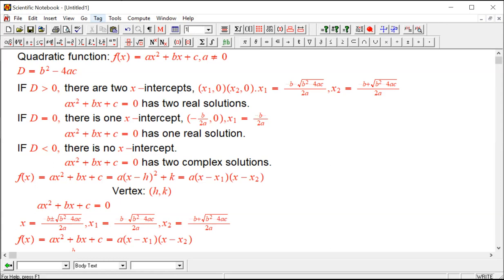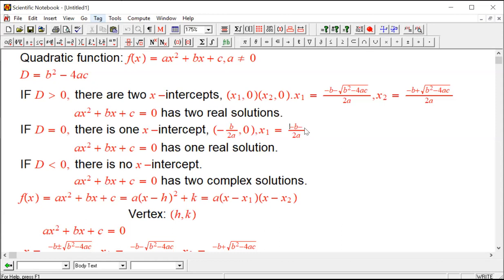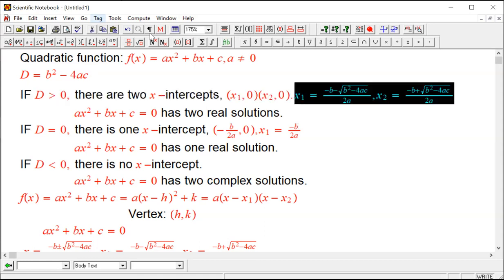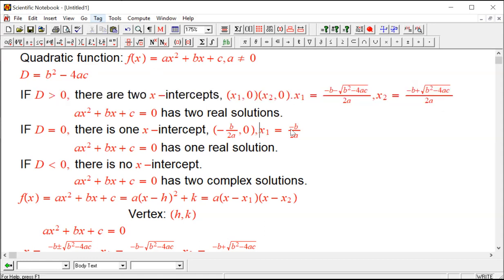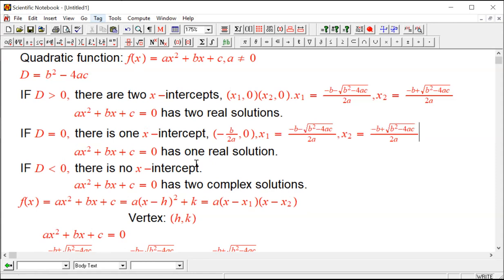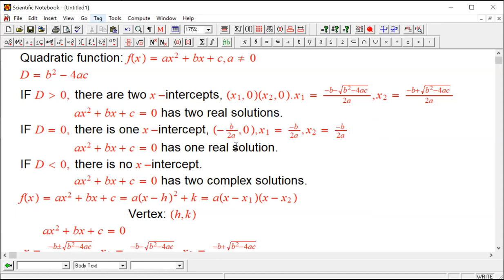So let me repeat that part. When the discriminant is 0, the two solutions are the same, so they are two equal solutions, which is negative b over 2a.